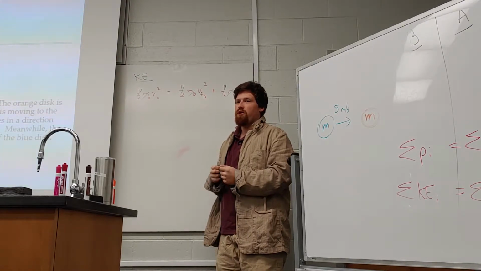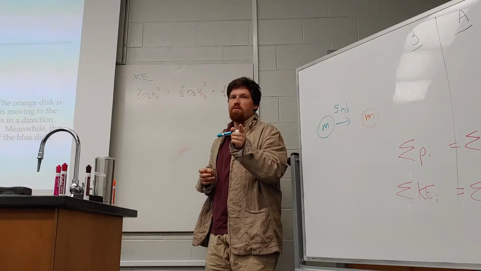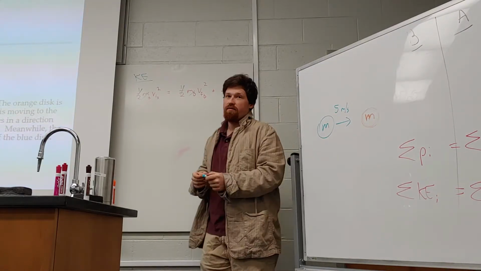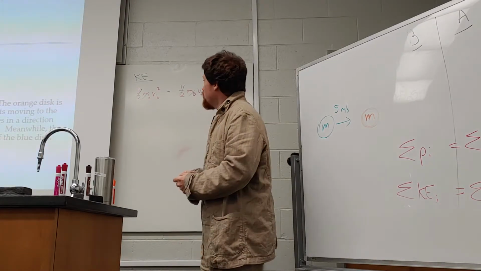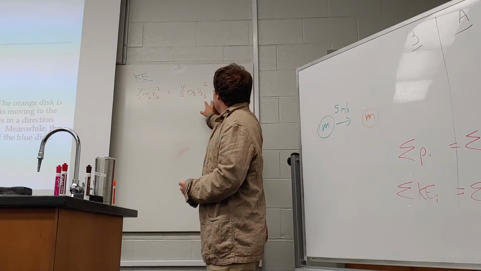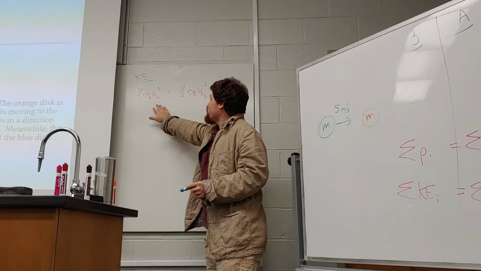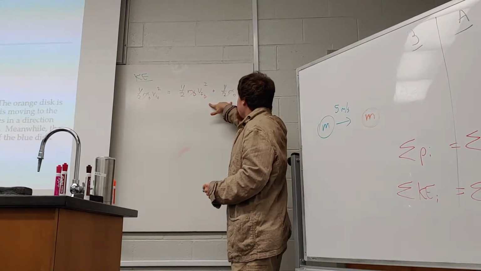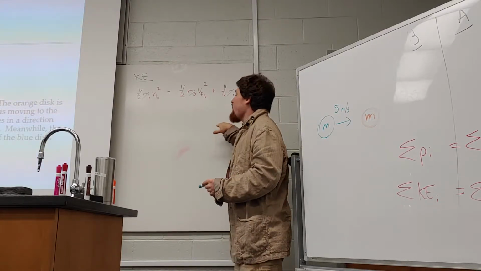No. Can you also cancel out the squared, or is that not? You cannot. That is because on this side there is one term that is squared. On this side there are two separate terms that are being squared and then added together.